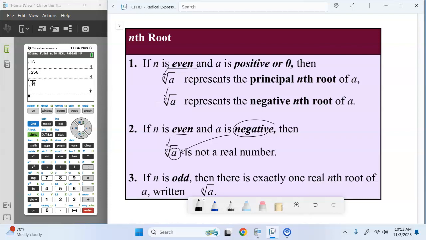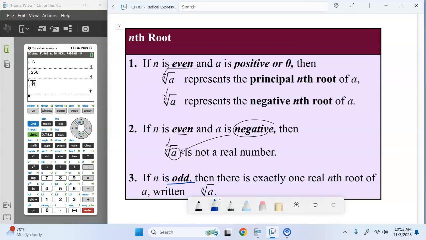So both of those rules apply for even indexes only. If my index is an odd number, 3, 5, 7, 9, and so on, then we'll only ever get one root. We don't have the difference between positive and negative because I can take the odd root of a negative number. I can do the cube root of negative 27.